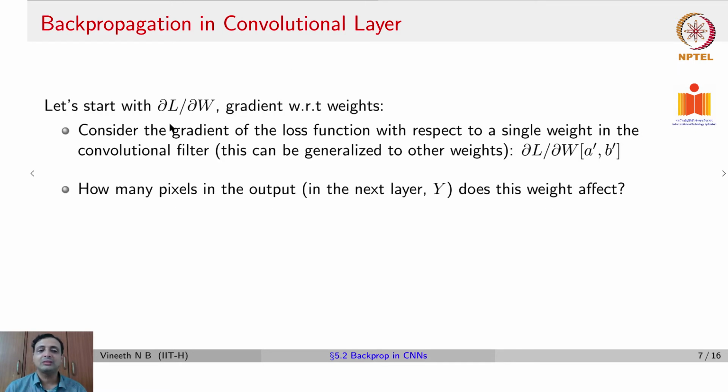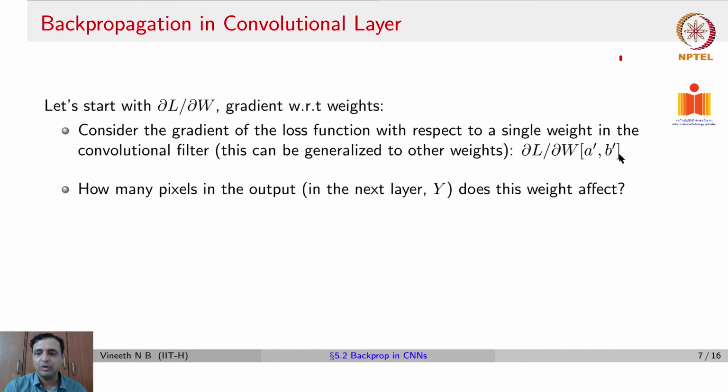Let's start with dou L by dou W, the gradient with respect to the weights in the filter. To do this, let's consider one particular weight in the convolutional filter. Let's say that you have W at A prime, B prime as one location on your filter.